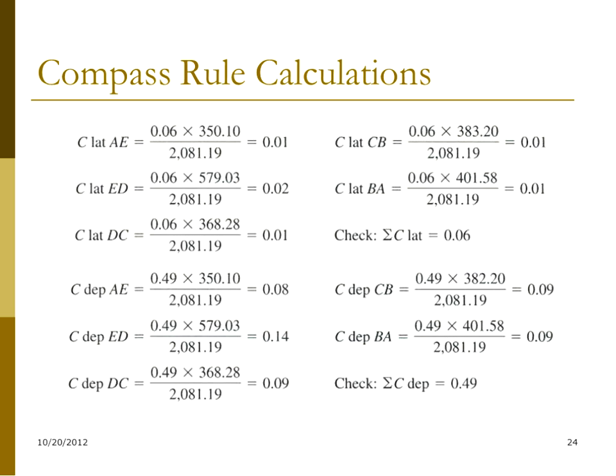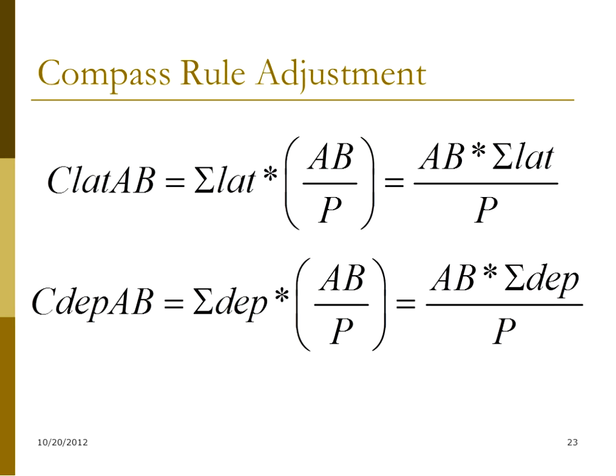So here's a sample of those calculations. The actual formula for this is the correction of the latitude for the segment A to B. You take the sum of the latitudes, you multiply it by the distance A to B, over the perimeter of the entire traverse, and that will give you the correction value.